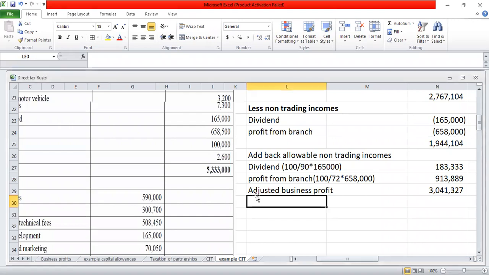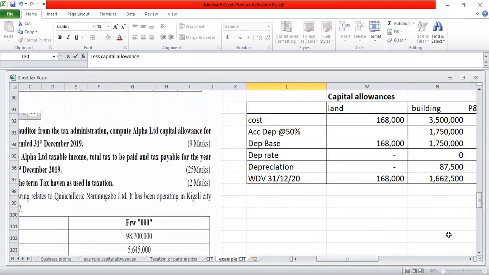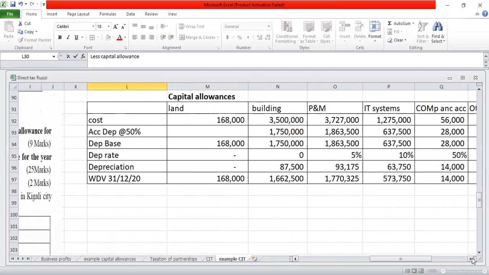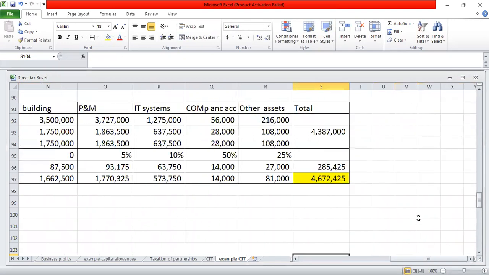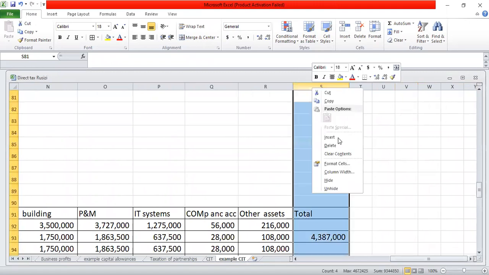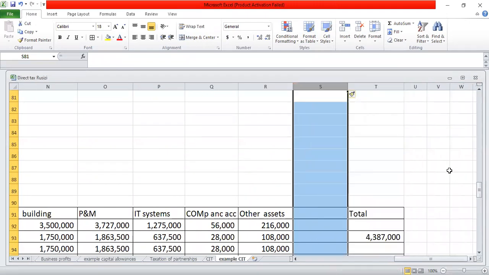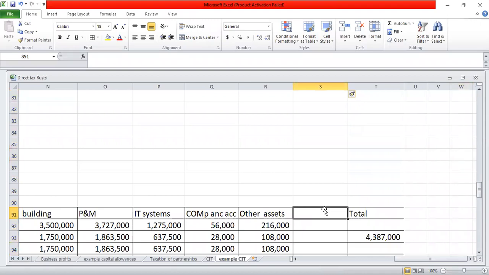So then we can now less our capital allowance. If there's some information I've forgotten, capital allowance. Remember we had forgotten a goodwill here. I think we can add it somewhere. I don't know where we can put the goodwill, before the total. We have a goodwill of 2.5.